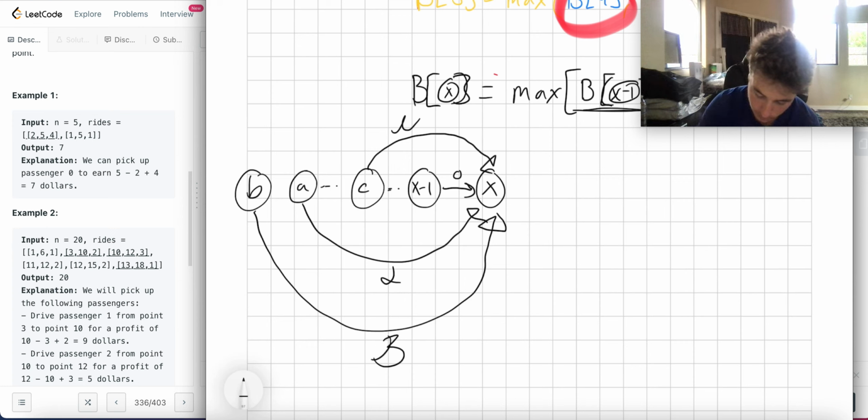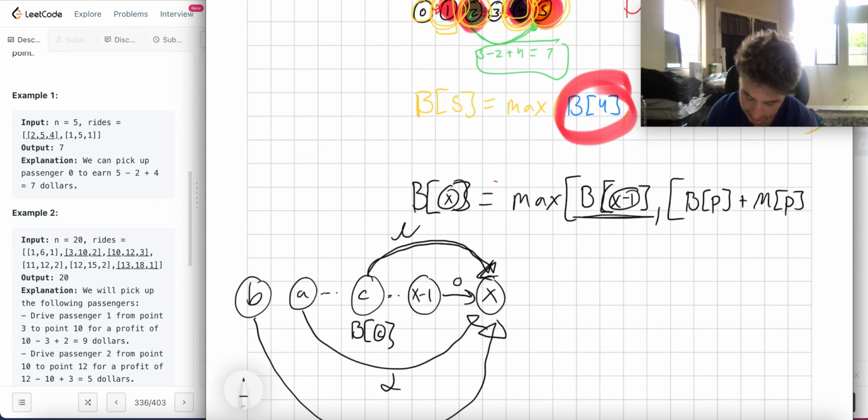So then for all of these edges, you would consider how much money you would get from them, plus the best value at these states. So I'll just call that some previous state P: the best of the previous state plus the amount of money you would get from it. And how much money do you get from a previous state? Let's write it out.